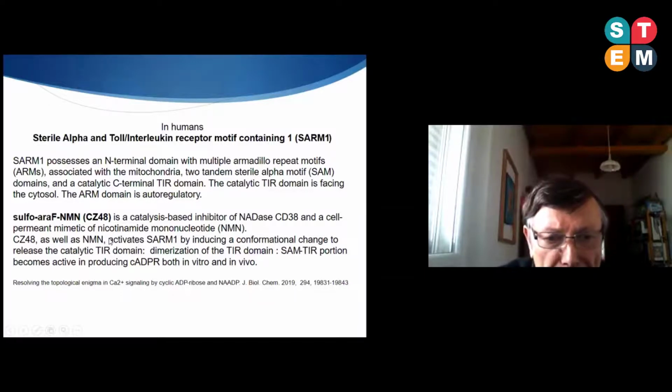other NADases. So when the permeable mimetic CZ48 was used, it was shown that there is accumulation of cyclic ADP ribose in vitro and in vivo.